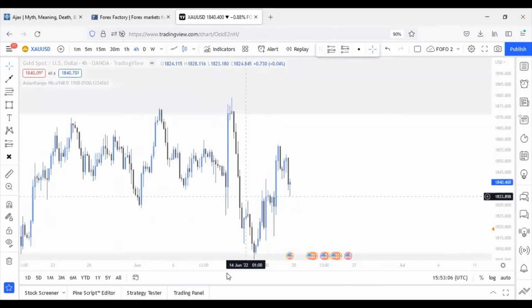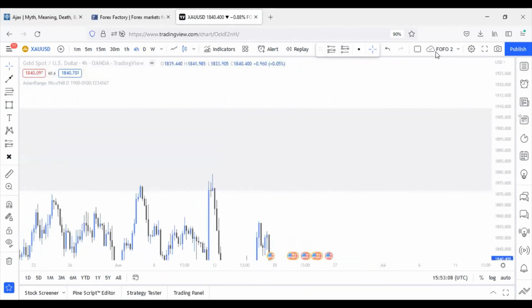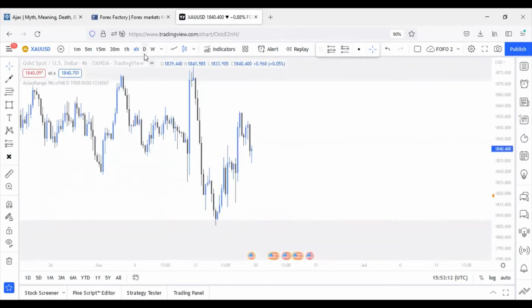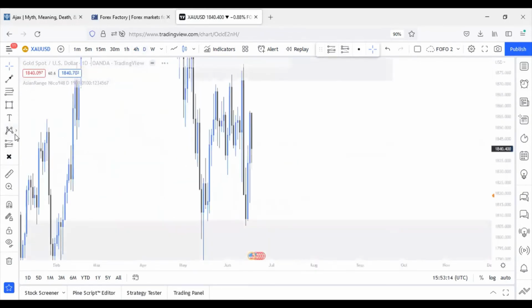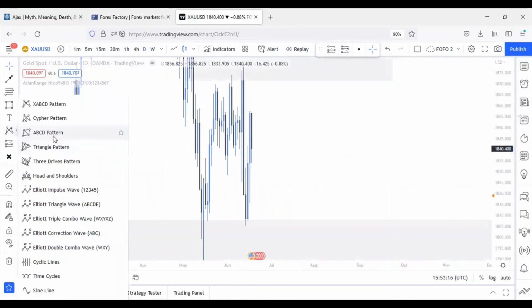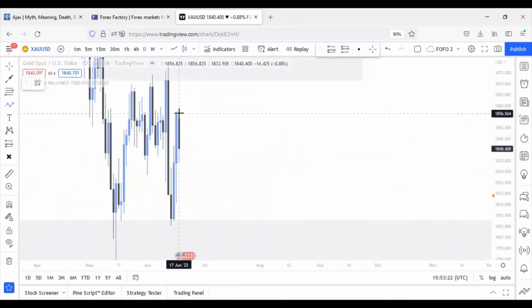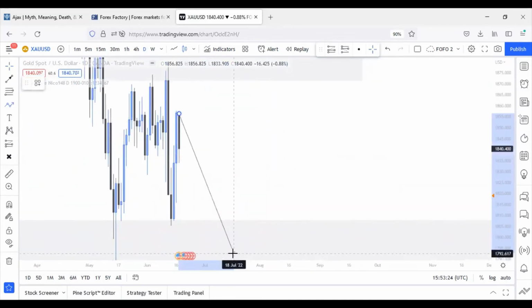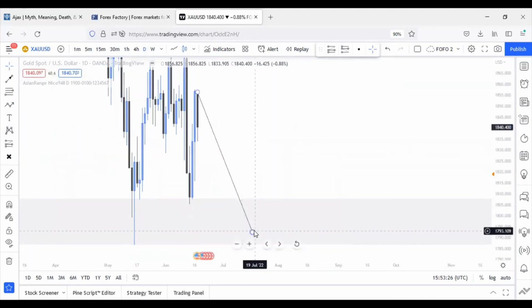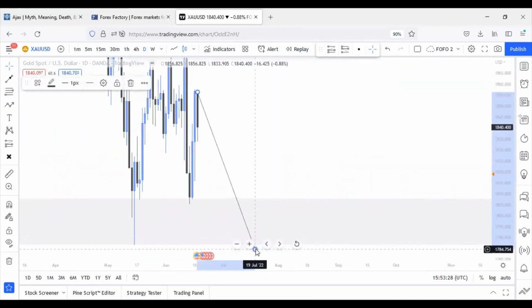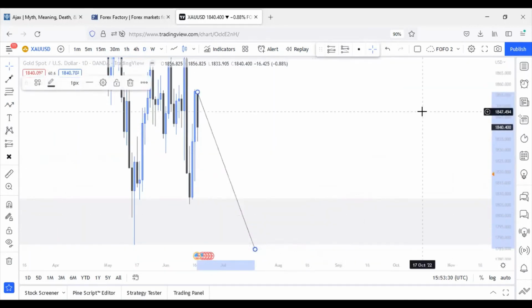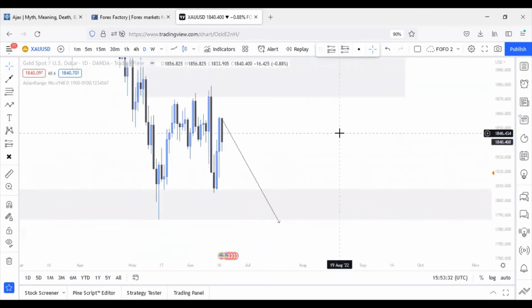So we might not even see price go higher, like I said before, right? So potentially what we're really looking at is price could at this point just continue to sell. From this point, we could be looking at price to go lower, target already existing lows and create even lower lows on gold.